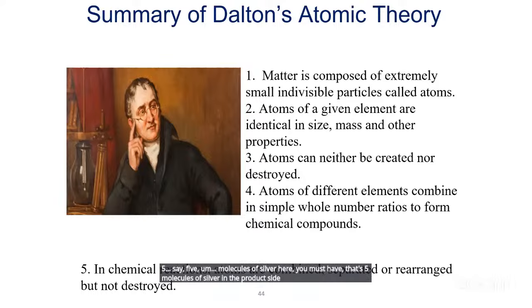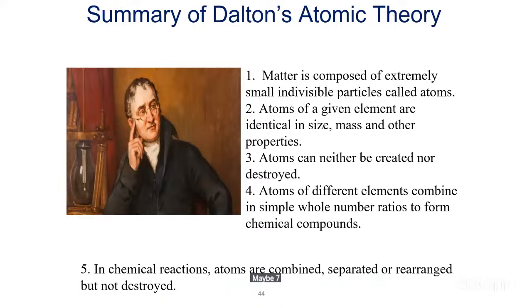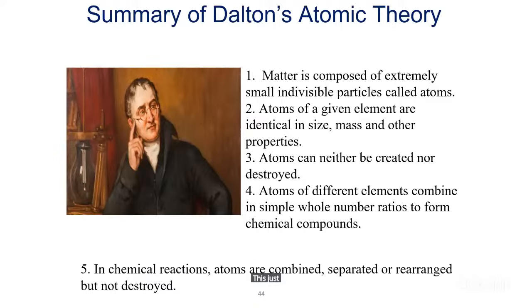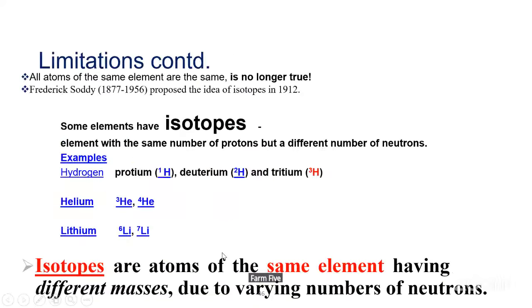And so atoms are combined, separated, or rearranged, but you cannot destroy them. You can react silver nitrate with something, and in your product you get silver chloride. Whatever you have in your product is a rearrangement, but you're not destroying anything. So 4 and 5, correct. 4 and 5 are still true till today.